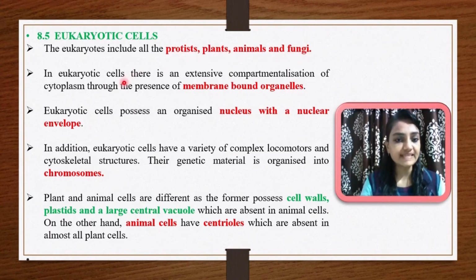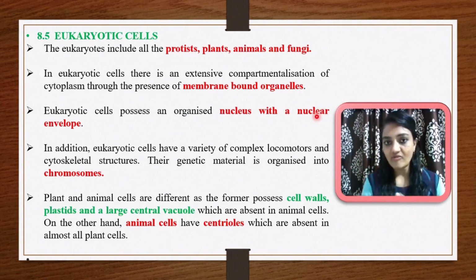In a eukaryotic cell, there is an extensive compartmentalization of the cytoplasm. The cytoplasm is compartmentalized through the presence of membrane-bound organelles. A eukaryotic cell possesses an organized nucleus with a nuclear envelope, and that's why we consider it a eukaryotic cell.